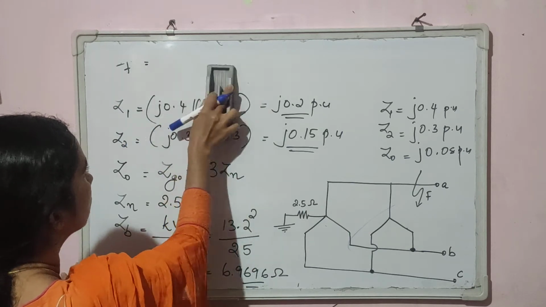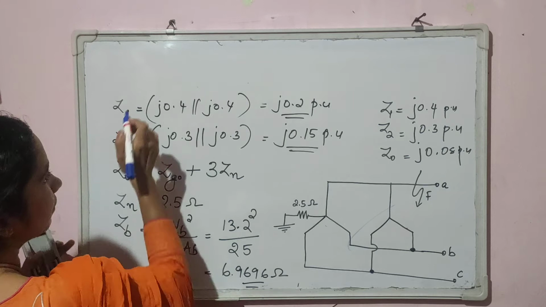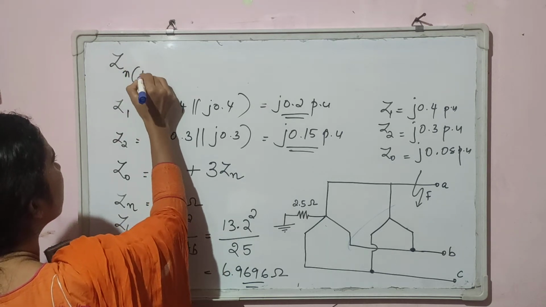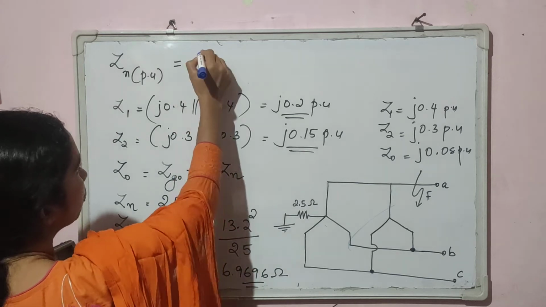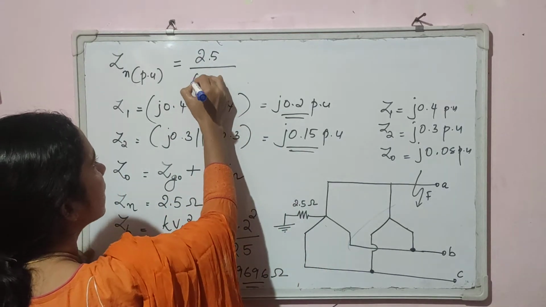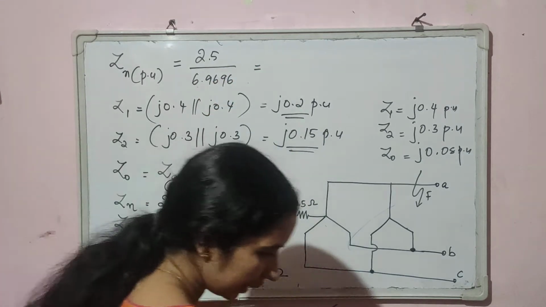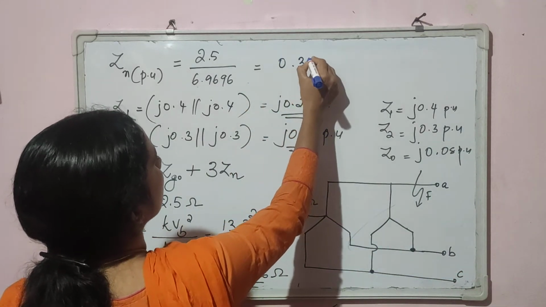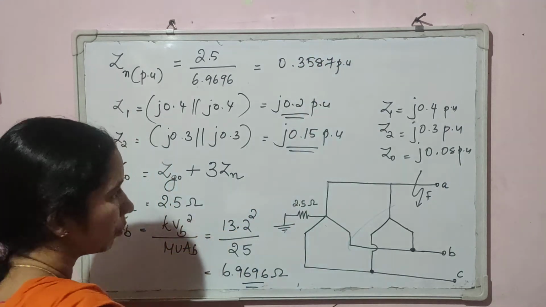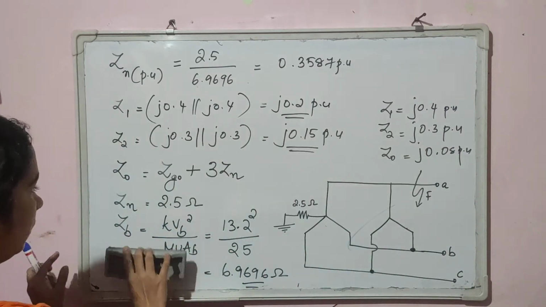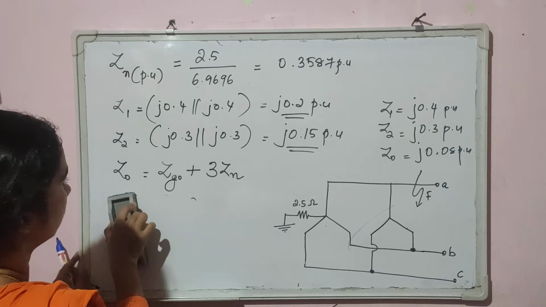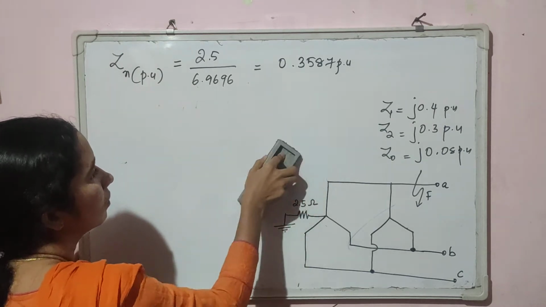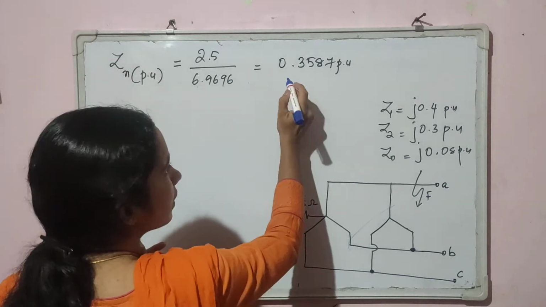So now we can write Zn in per unit is equal to its actual value, that is 2.5, divided by the base value, that is 6.9696, and this will be equal to 0.3587 per unit. This is Zn in per unit.